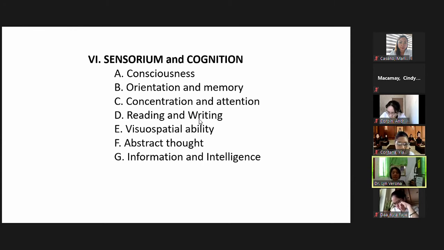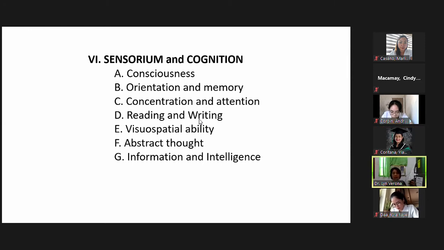Then you have visual spatial ability. This is usually given. You can find this when you rotate in psychiatry. This is the evaluation or the assessment of whether the patient has an organic cause of psychosis. When we say organic cause, there is really a concrete cause of psychosis, like, for example, taking drugs, or the patient had a stroke.